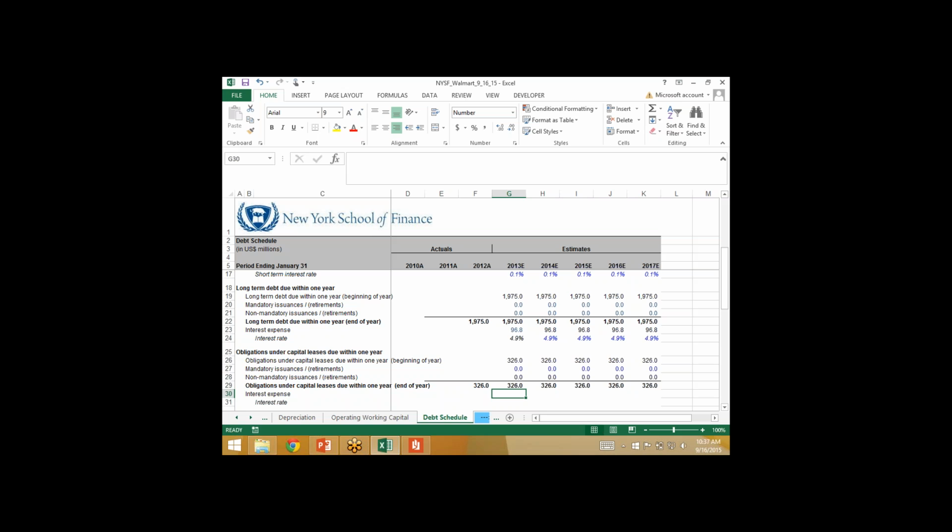Okay. We're just taking that build model approach, then we're going to go back to this. Well, we're not going to tweak the interest, we're doing the interest now. Yeah. Mandatory, non-mandatory, we'll talk about those.